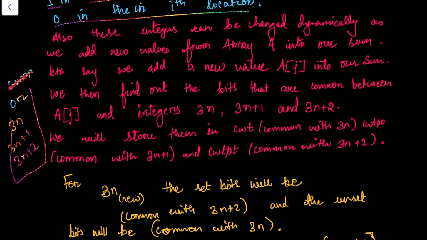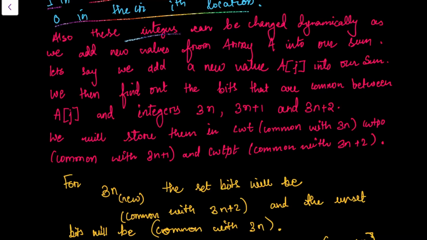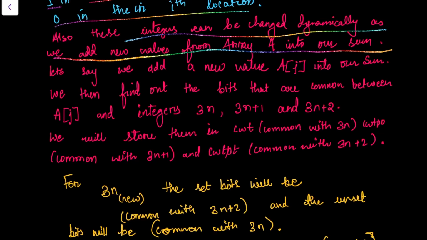Write the answer in the comments section below, and we can discuss through comments. What will be the result of ORing the three integers representing 3n, 3n plus 1 and 3n plus 2 at any given point of time? Also, these integers can be changed dynamically as we add new elements from the array A into our sum.